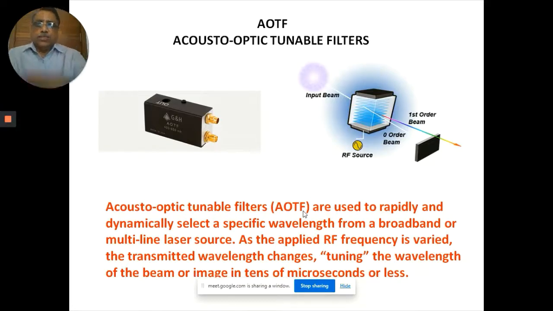As you learned with the dichroic, here is a multi-line filter. One filter can really work like multiple laser lines also. The only thing is you have to give different RF frequencies. You will see that the refractive index is set differently in the material, and you will select the wavelength. This is another interesting filter, and they're all based on the acousto-optic principle.